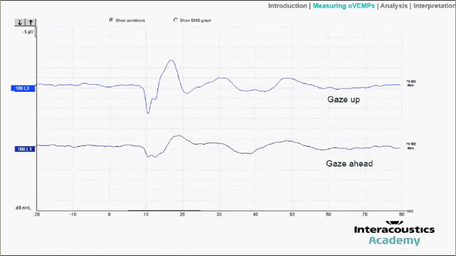But here's a demonstration of the different gaze positions, and we can see a considerably larger response when gazing up as opposed to gazing ahead. In some people, it might be 50% smaller or more, and if you were to gaze down, then the VEMP might be expected to disappear altogether.